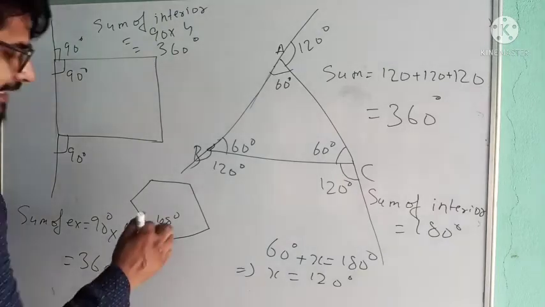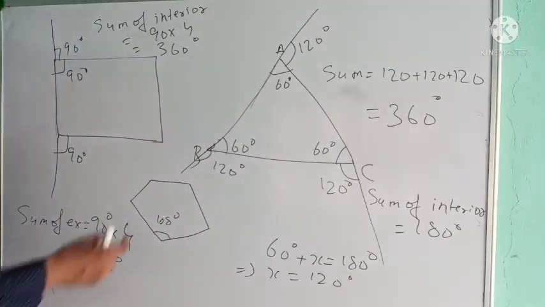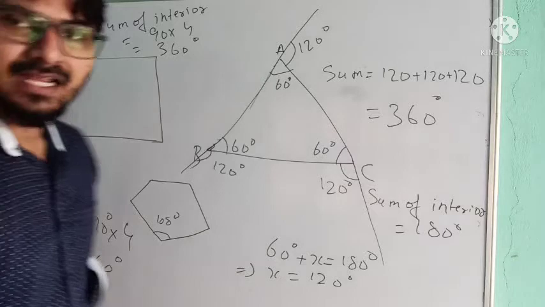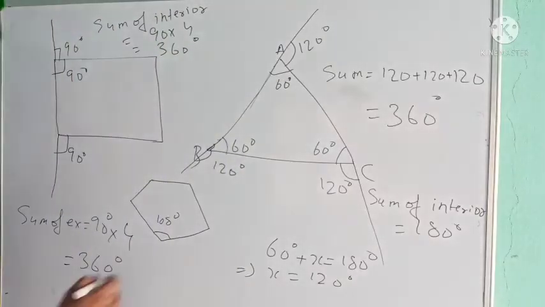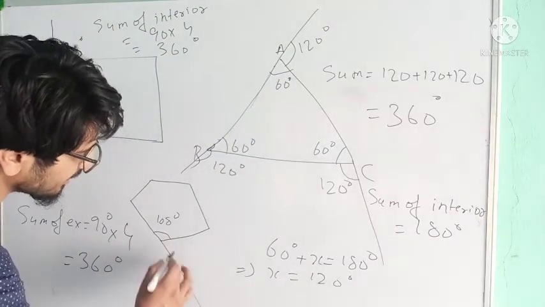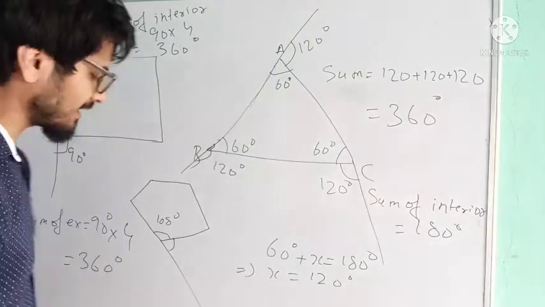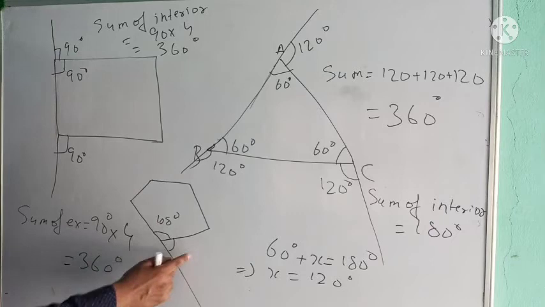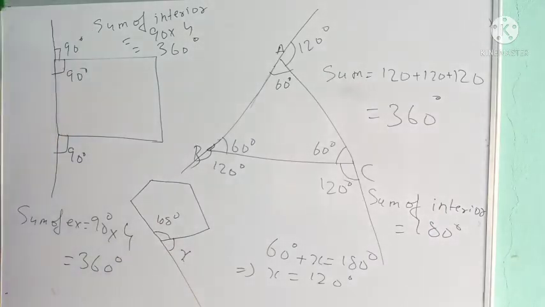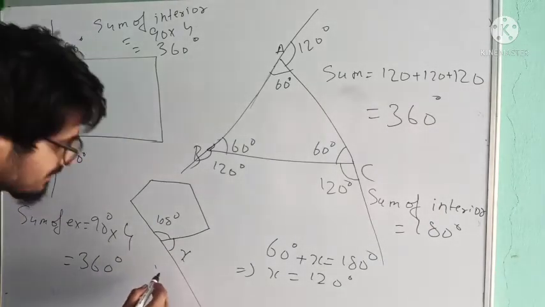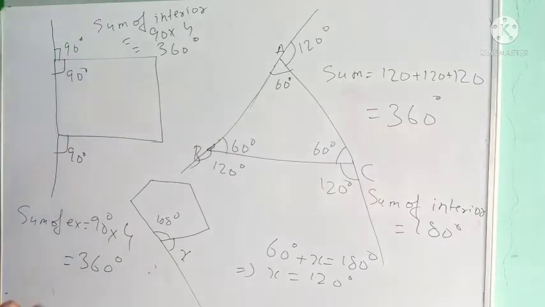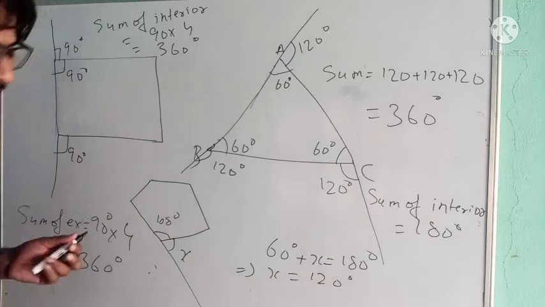In a regular polygon the angles are 108 degrees. Once again I will just draw it. I draw a straight line that will show the exterior angle, and so 108 plus x. I have a very small board, it's not visible, so what I will do, I will just erase this.